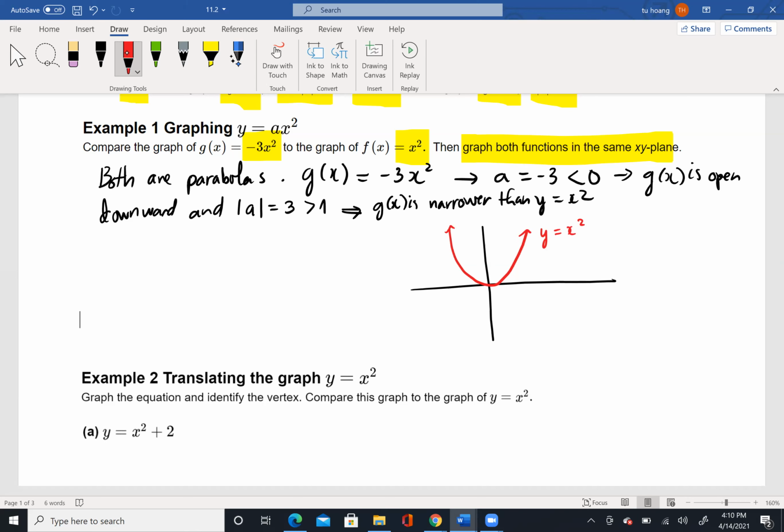You see that? Then y equal to negative 3x squared will be narrower and downward, right? Both of them go through 0, 0 as a vertex, right?